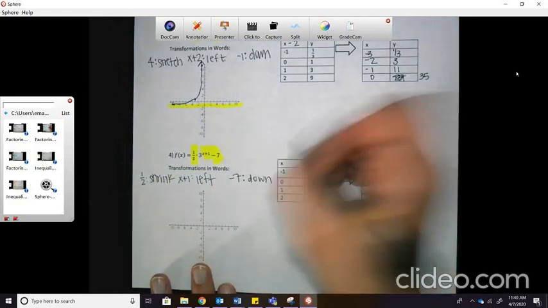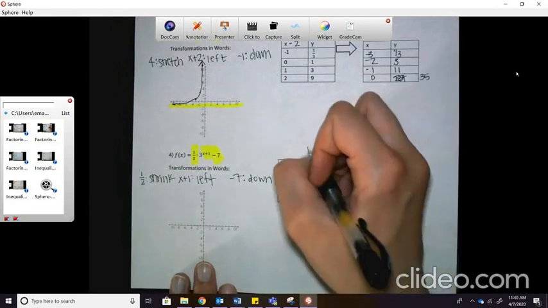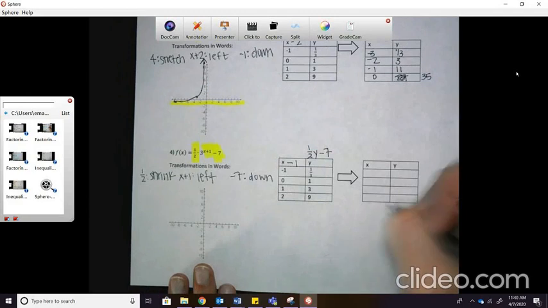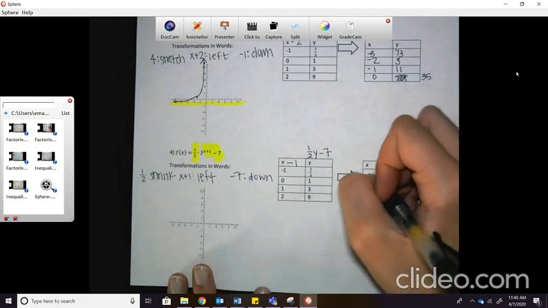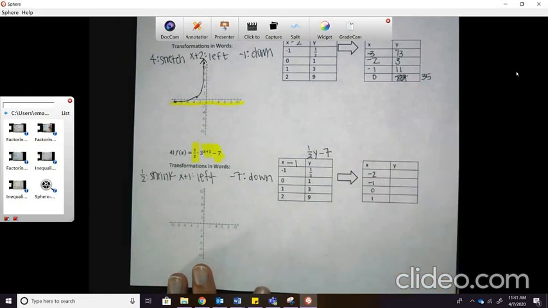So my x's are going to move left, so subtract 1. My y's are going to shrink and then move down. So subtracting 1 from all of our x's, or moving them all to the left, and then shrinking and moving down.